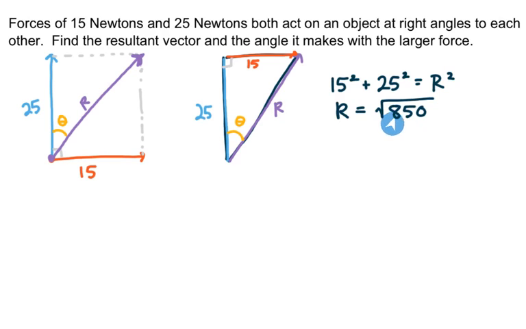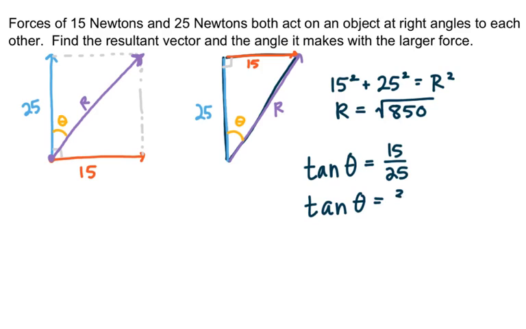Well, I can use root 850 because that's an exact number, but I can also use 15 and 25. And how do 15 and 25 relate to theta? They're not the hypotenuse. We have the opposite and adjacent side, and opposite and adjacent means we would use tangent. So tangent of theta is 15 over 25, or rather, tangent theta is 3/5.